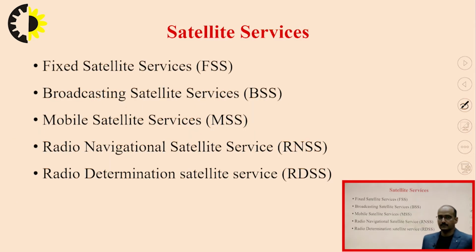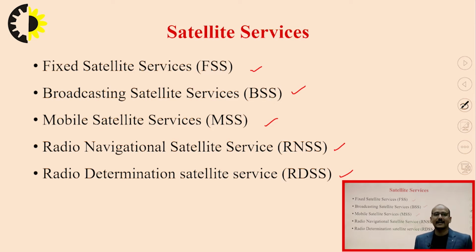Then the major classification of satellite services. Broadly, the major services offered by the satellite are these five: FSS, BSS, MSS, RNSS, RDSS. Basically, FSS stands for Fixed Satellite Services.